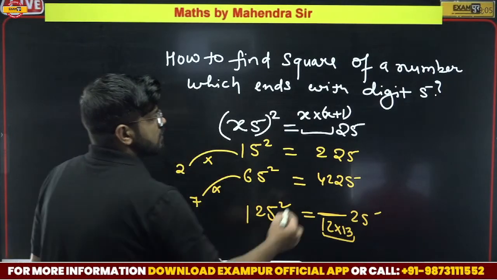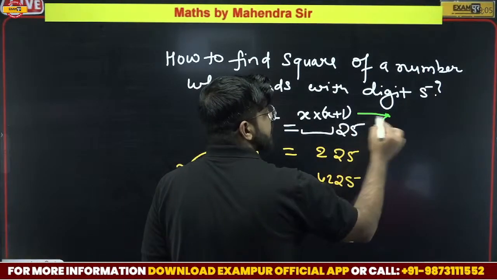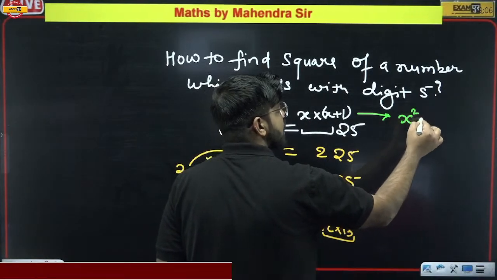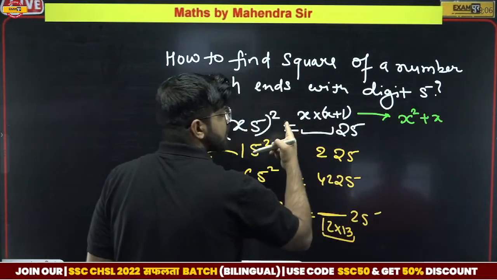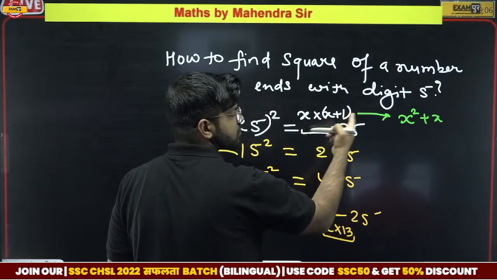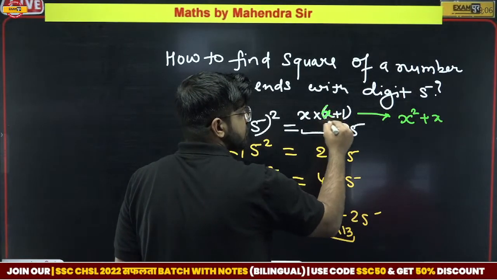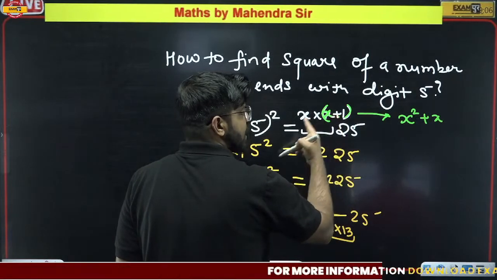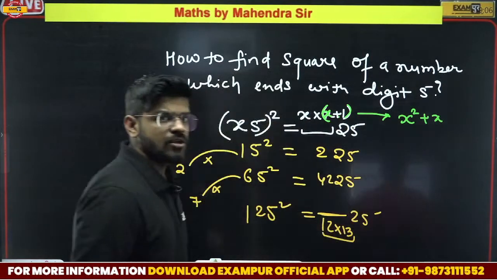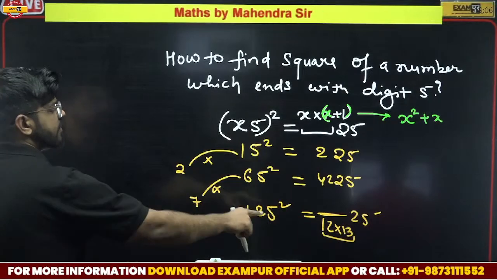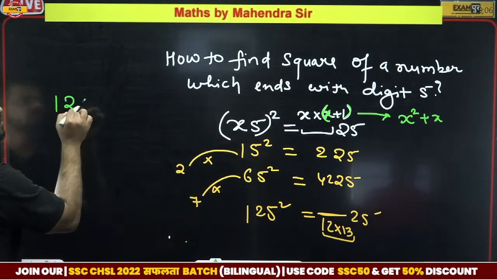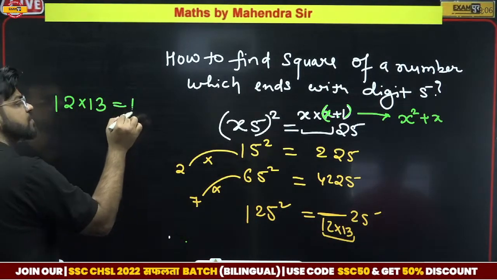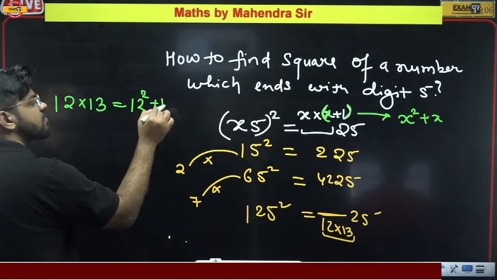Or this x into x plus 1 can also be written as x square plus x. If we multiply by x both sides, x into x will be x square and x into 1 will be x. So we can write 12 into 13 as 12 square plus 12.